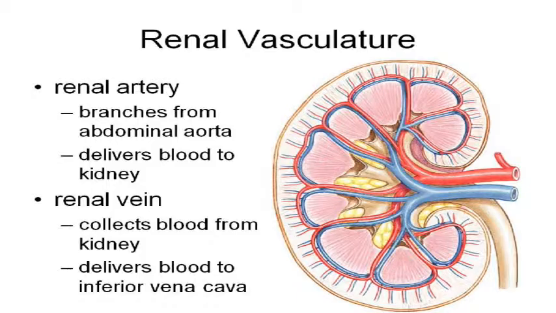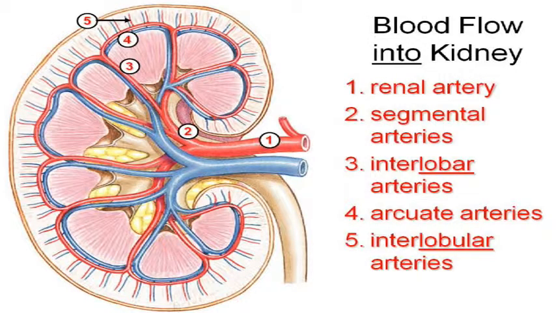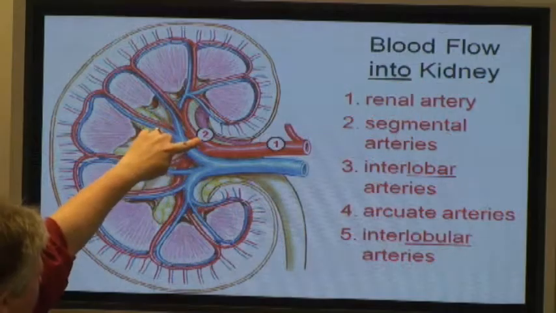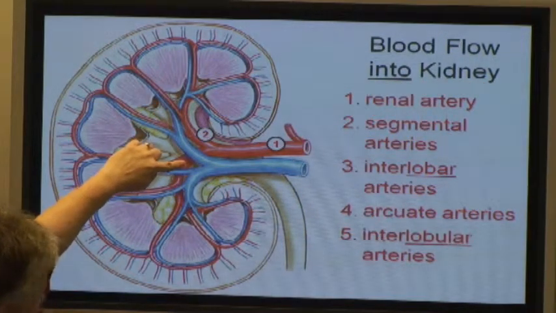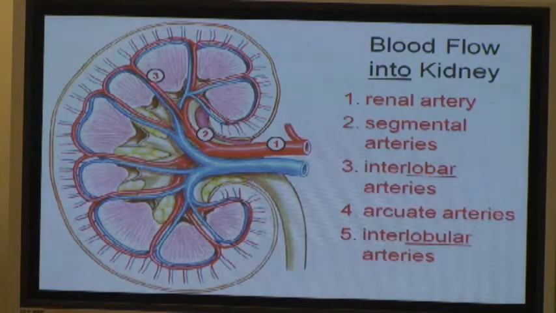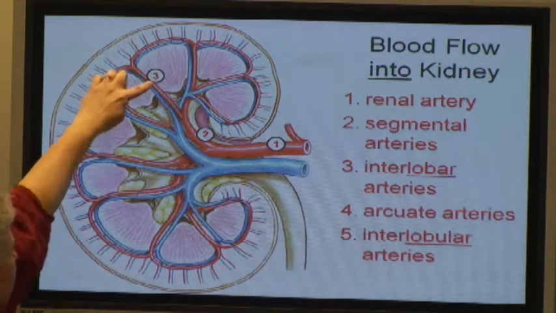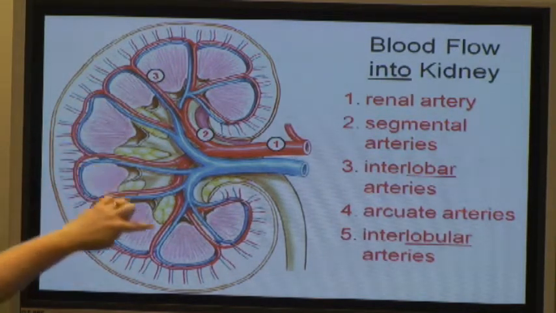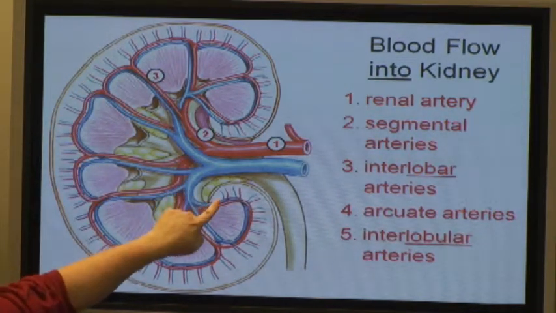The renal vasculature. Blood comes in through the renal artery. The renal artery divides into the segmental arteries. There's a segmental artery there, there's a segmental artery there. The segmental arteries divide to form the interlobar. Now be careful. Each one of these red things is an interlobar artery.